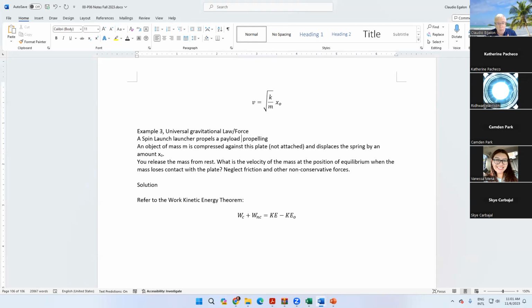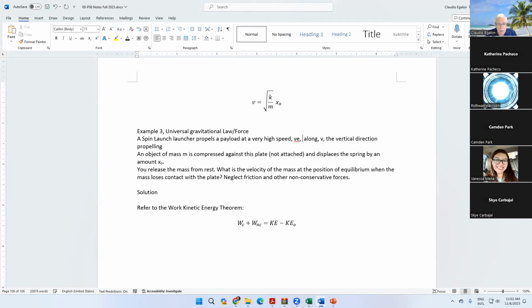A Spin Launch launcher propels a payload at a very high speed, V, along the vertical direction.